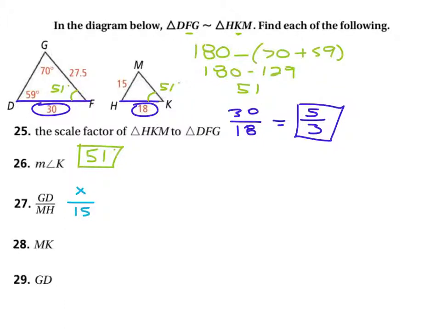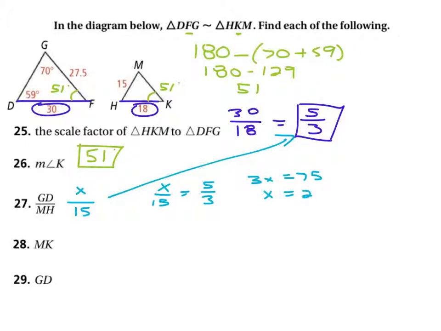And since it's got to have the same scale factor as what we have here, we can say X over 15 is equal to 5 over 3. When we multiply them together diagonally, we get 3x is equal to, nope, 75. Sorry, fuzzy math. And when you divide both sides, you get 25.